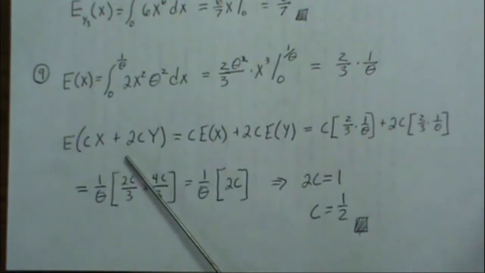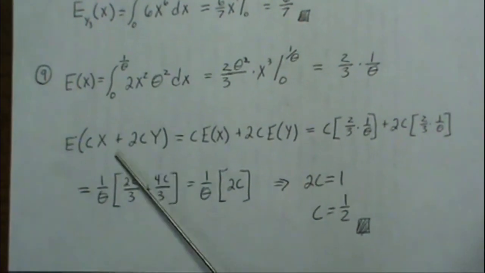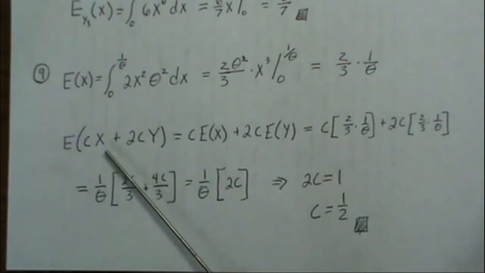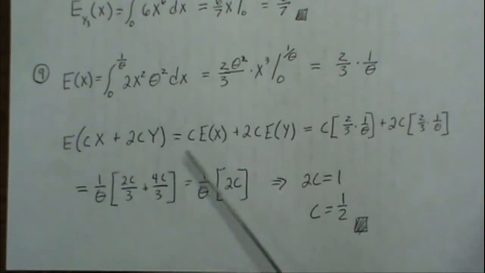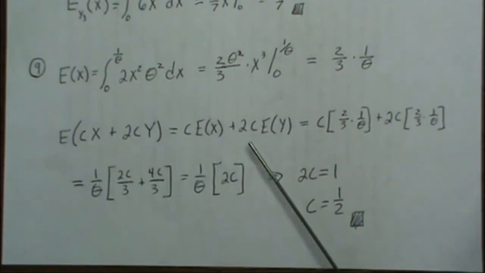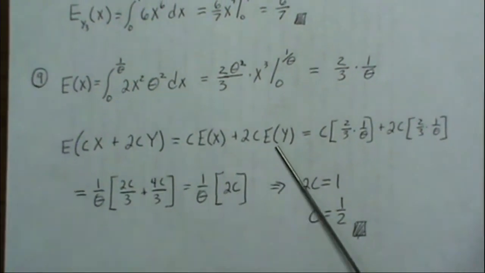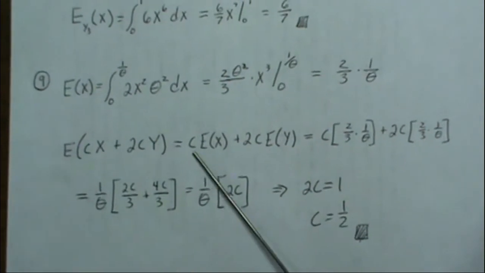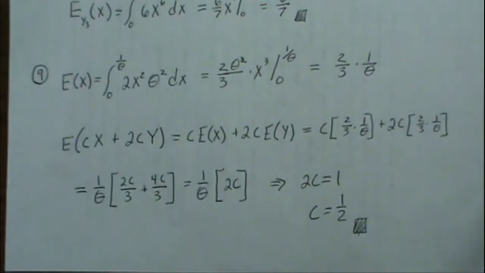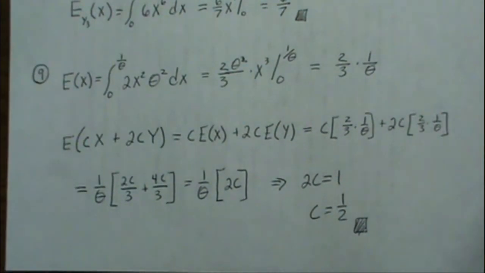So here's the expression we're asked to find the expected value for. We can take the expected value: c times the expected value of X, plus 2 times c times the expected value of Y. These are constants, that's why they can be brought out of the expectation.